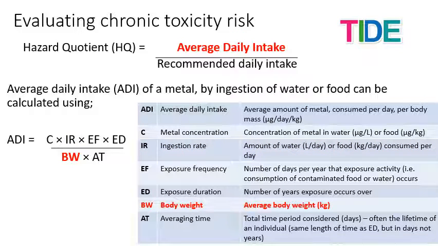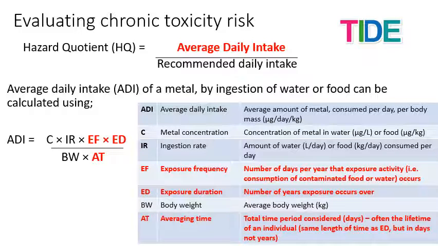BW stands for the average body weight of this group of people being considered in this risk assessment. Again, this may vary between different populations, but generally speaking, you can assume an average of perhaps 70 kilograms for adults would be suitable.